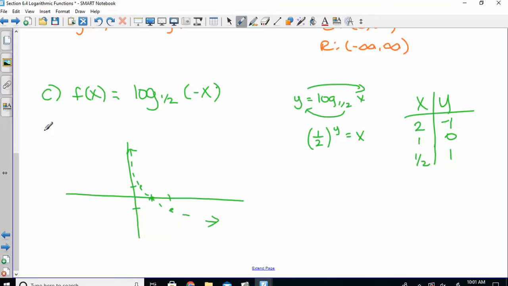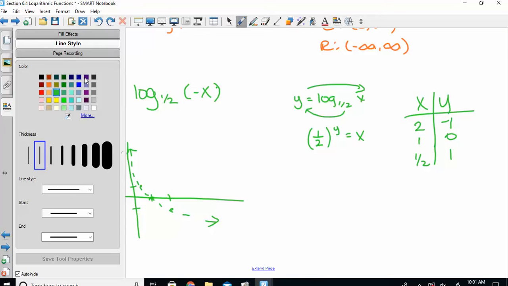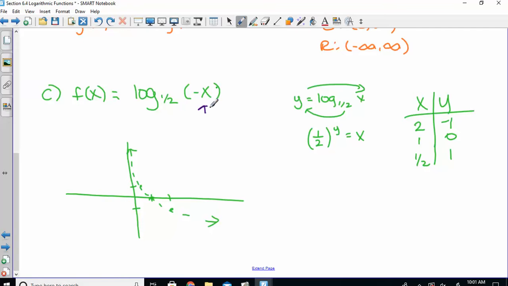Function. If a negative is on the x, so it flips over, it's like making the x negative.